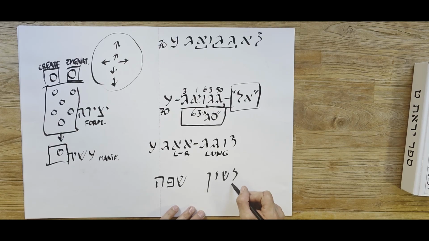The value thereof is 30, 300, 6, and 50. This is 386.